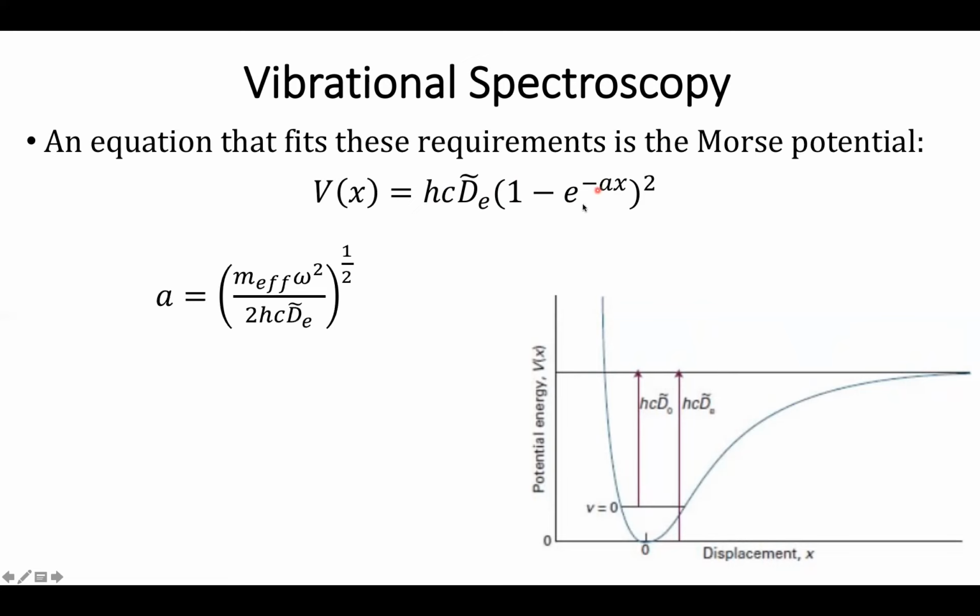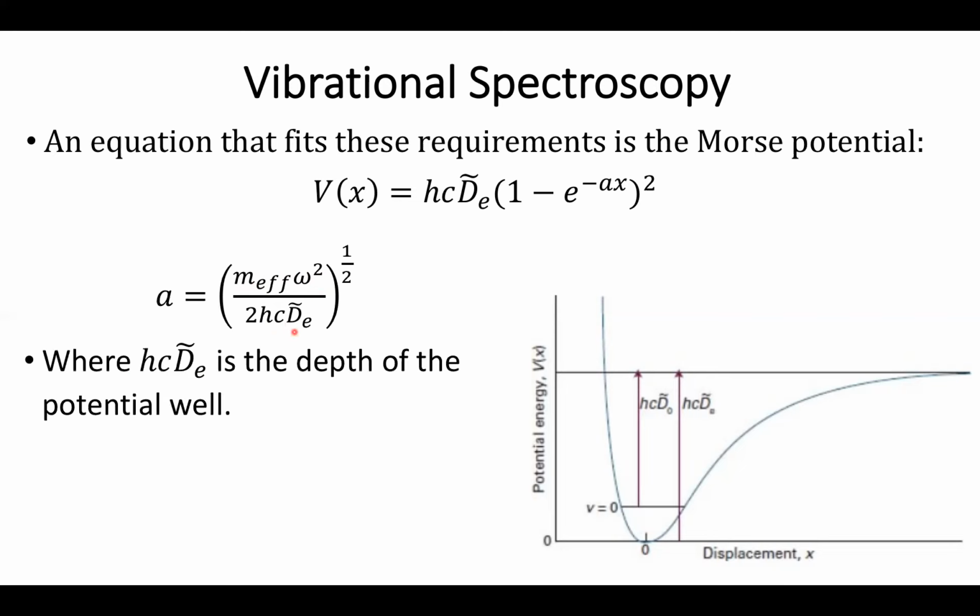And the constant in that negative exponential has several key variables present. First of all, it has the effective mass. So this is, again, the same reduced mass we dealt with earlier. It also still has our vibrational frequency, and it also introduces this D_e term.